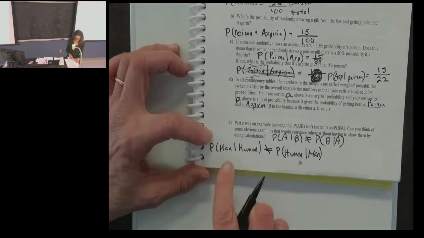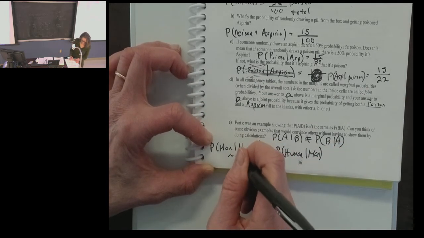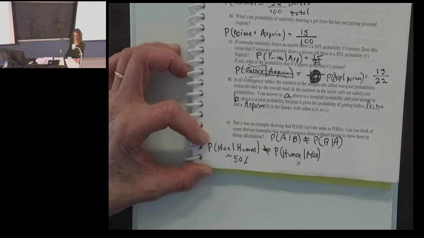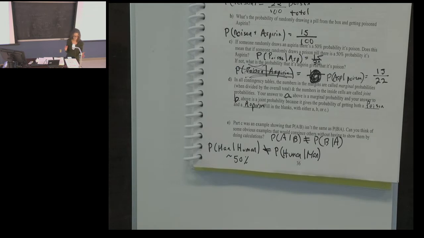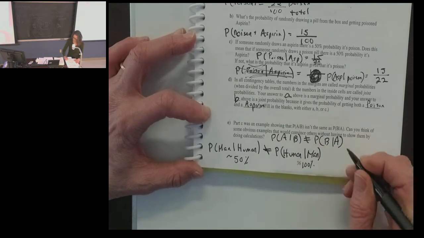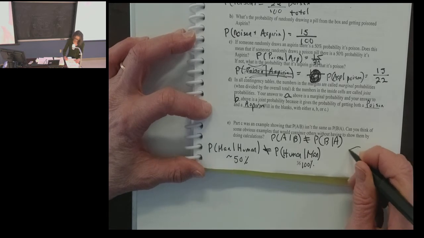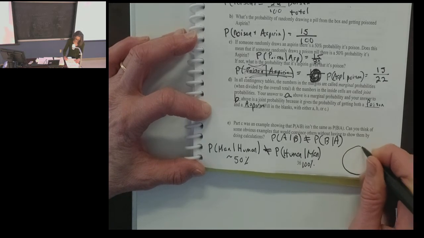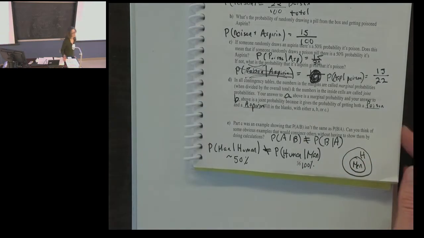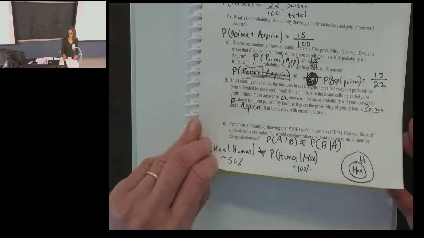That's kind of crazy, because the probability is about 50%. And given you're a man, what's the probability of being human? Maybe about 95%. That's 100%. I'm making a joke there. Because here's humans, and here's men.